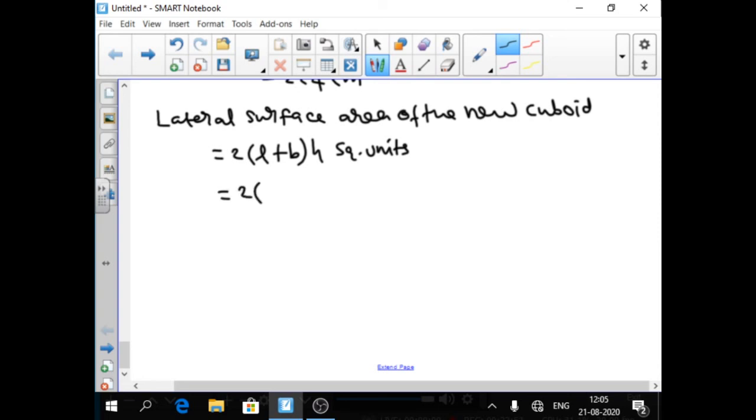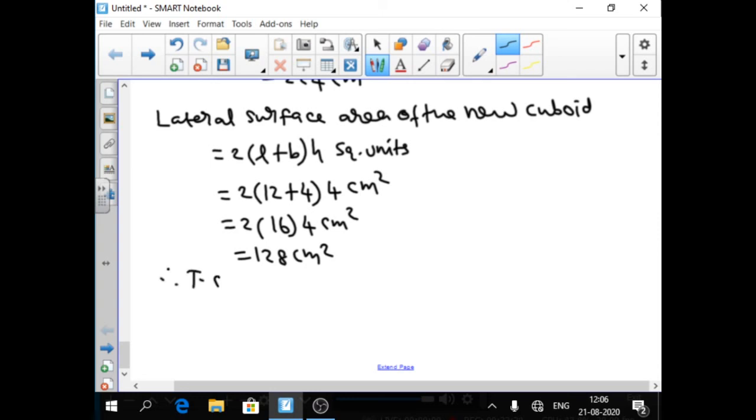Substitute: length is 12 plus breadth is 4, and height is 4. The measuring unit is square units, which means centimeter square. Just add the values in the bracket: 12 plus 4 is 16, into 4 centimeter square. Just multiply the values: 2 into 16 is 32, 32 into 4 is 128 centimeter square.